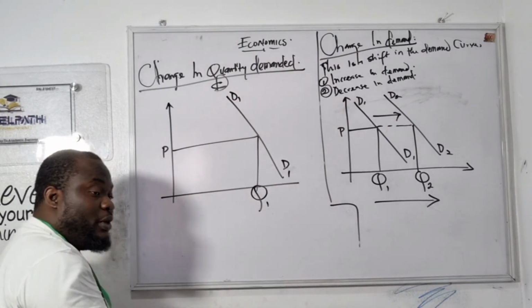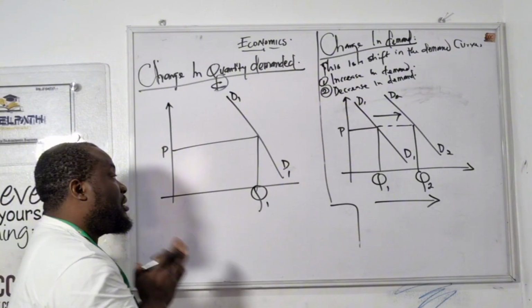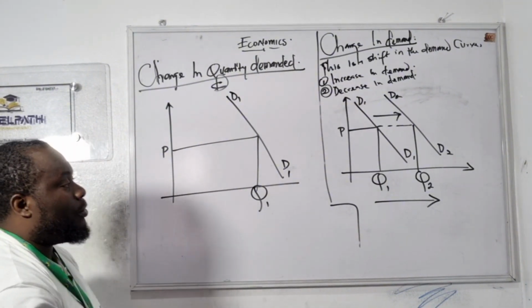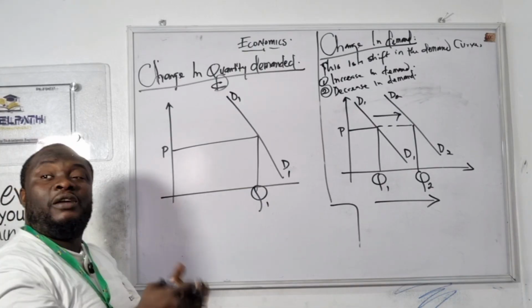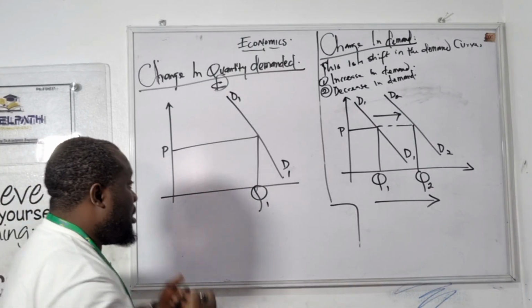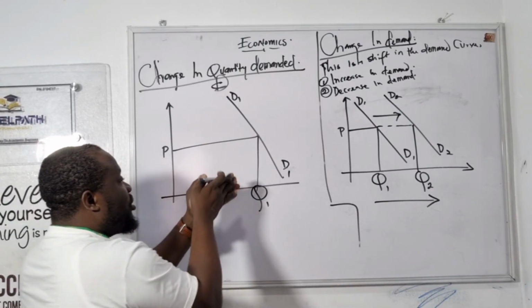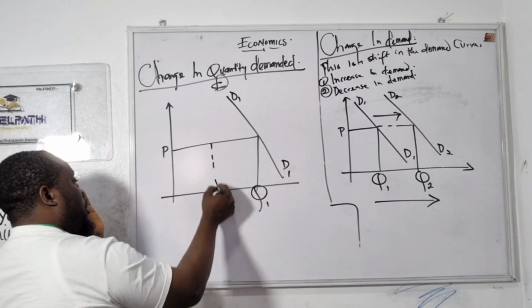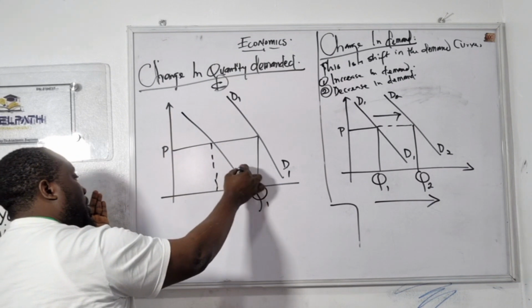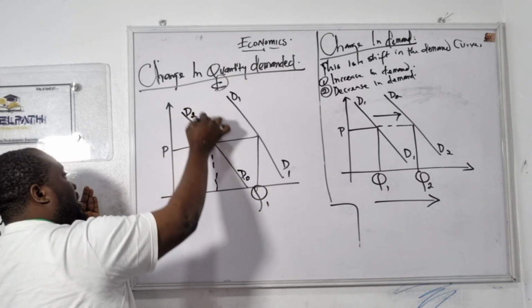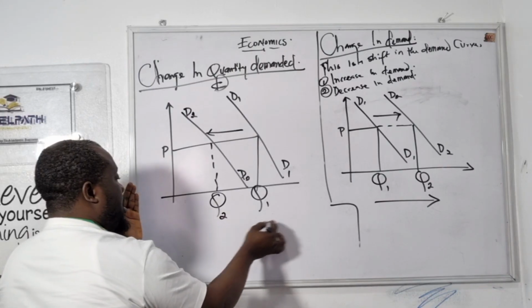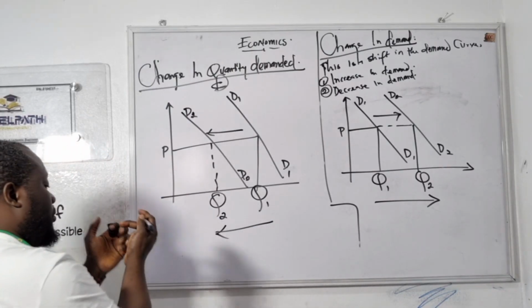Now his salary was reduced to 30,000 naira per month, which is unfavorable to Mr. A. So his demand is not going to move forward. It's going to move what? Backward. It's going to move what? Backward.